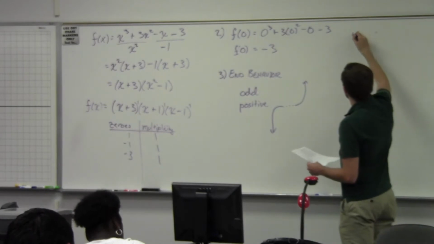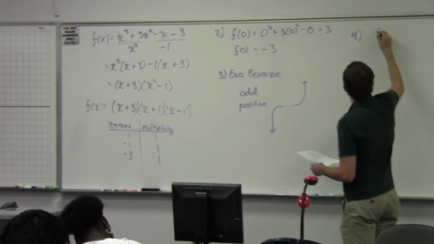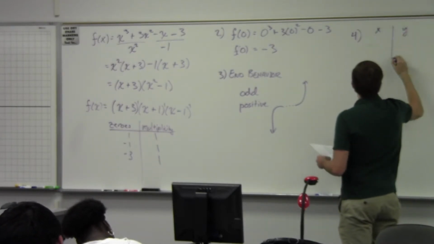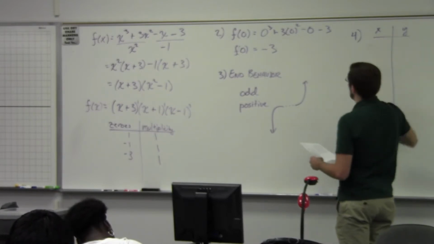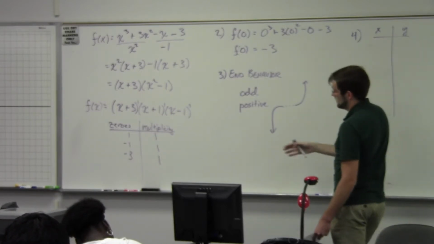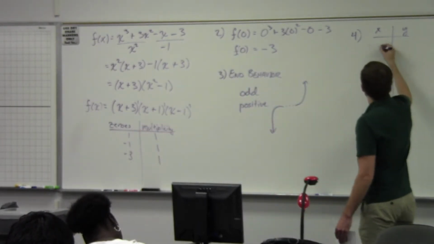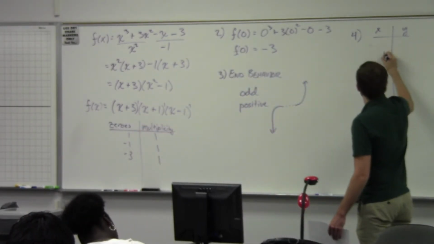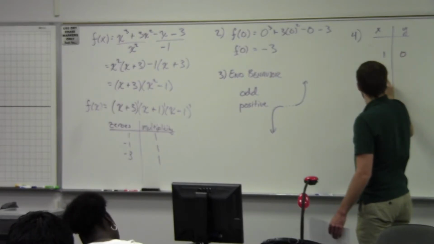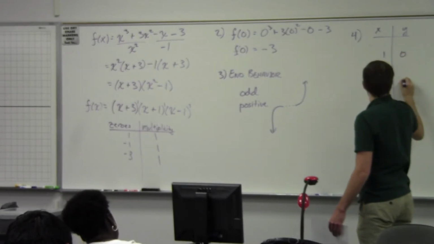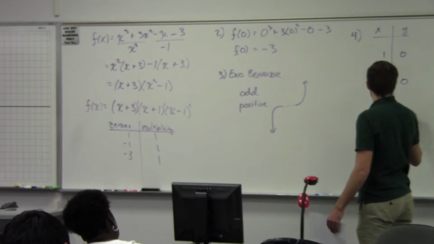In the fourth step, let's graph some more points. So what points do I have currently? Yeah, so I have all these guys right here, right? So let's do 1, 0, -1, 0, -3, 0.